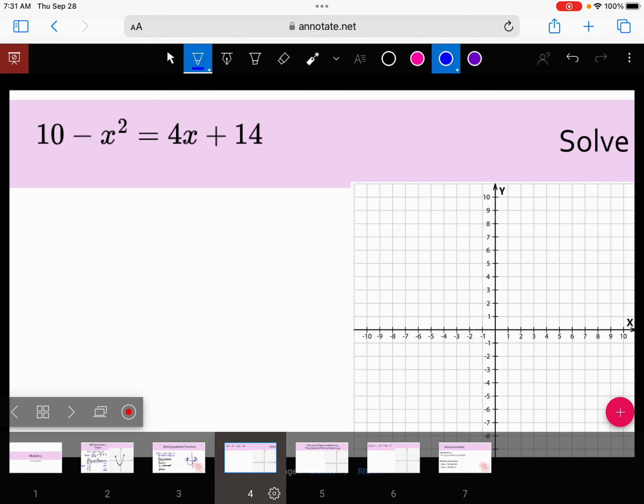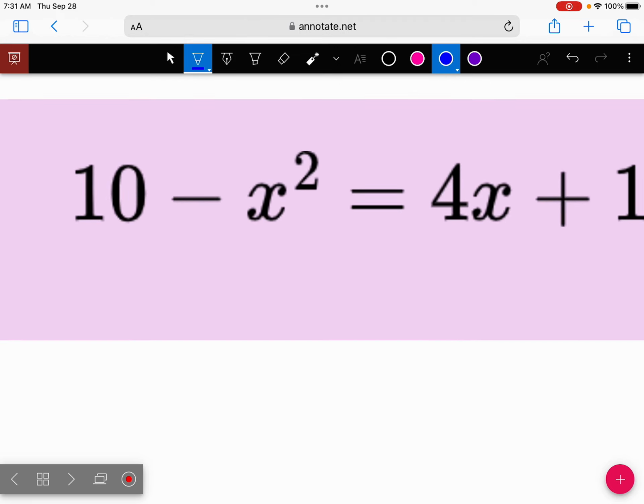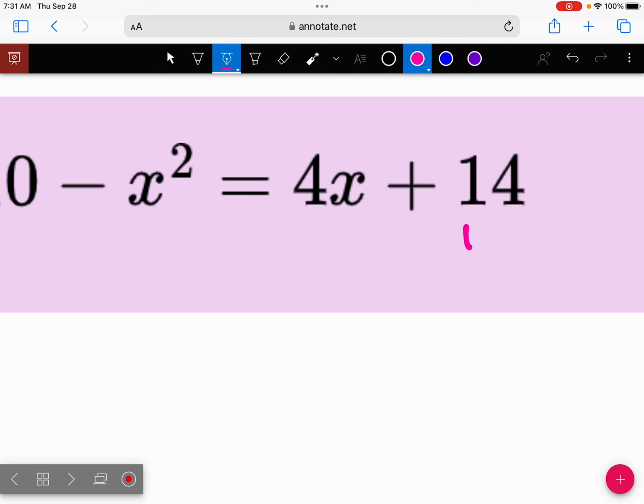So I need to get everything on the same side of the equal sign. So what can I do to get this stuff to all go to the same side? Subtract 10. Yeah, let's subtract 10. What else needs to move?